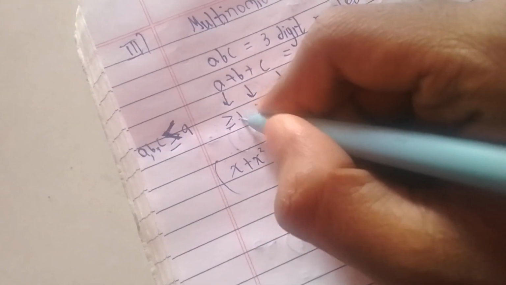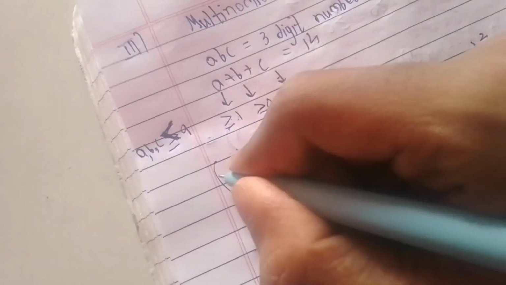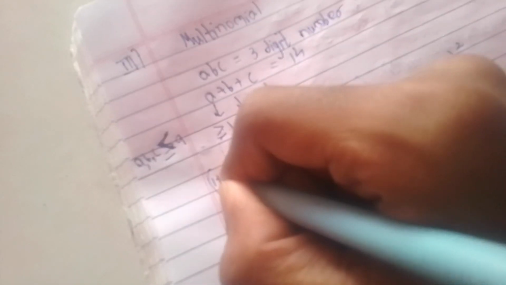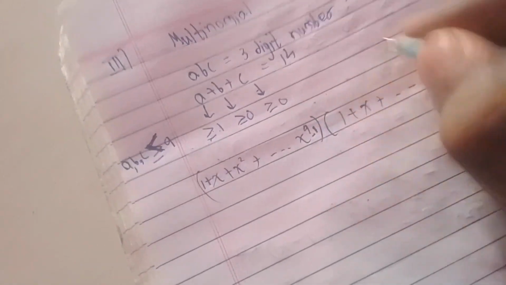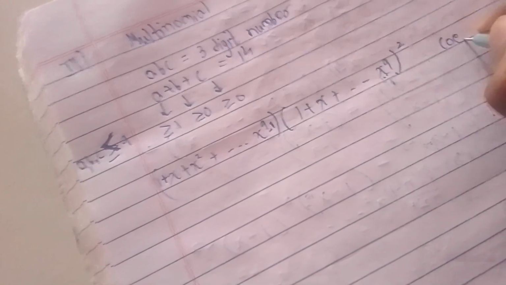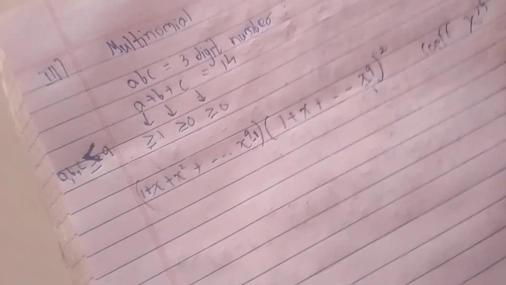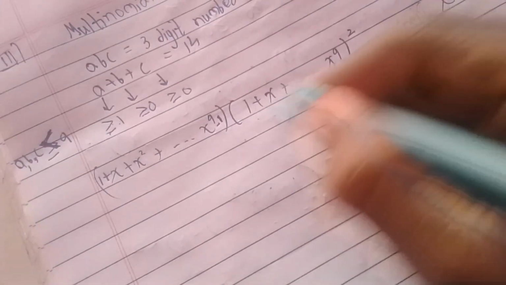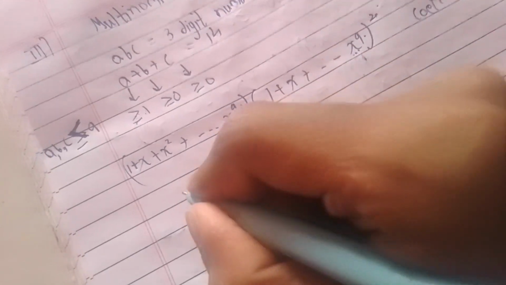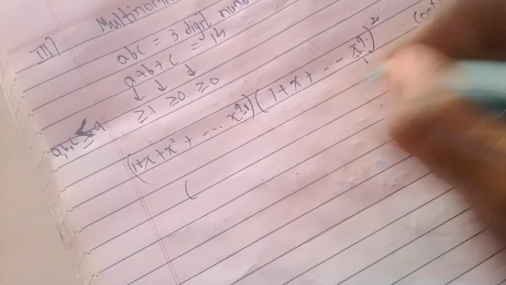If it was 0 written here, then you could definitely write 1. But for now I am going to write 1 plus, but also subtracting 1, because it will help me find the x raised to 14 coefficient from this whole equation, because it gives me the cube of this subtracted from the square of this. So it will be the cube of this.